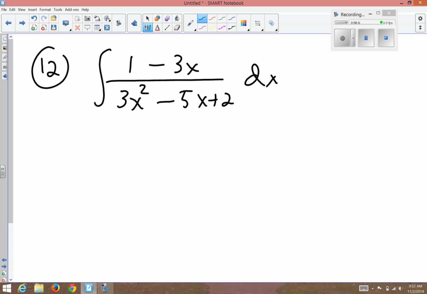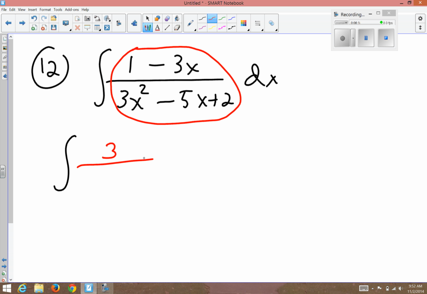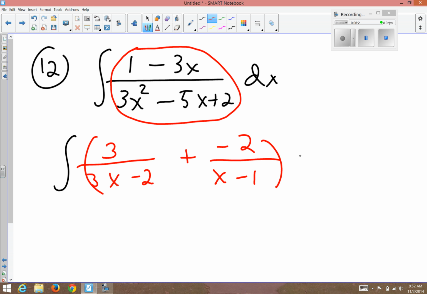You watch the video called partial fraction decomposition to turn this fraction into 3 over 3x minus 2 plus negative 2 over x minus 1. It takes a few minutes to turn this fraction into the sum of these two fractions.